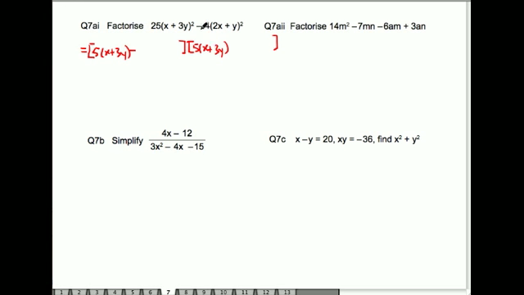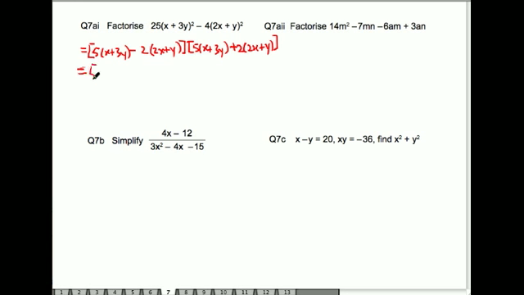X plus 3y times x plus 3y is x plus 3y squared. To get a minus, we have minus times plus. To get a 4 is 2 times 2. And to get a square here, we have 2x plus y times 2x plus y. This comes from the formula a squared minus b squared is a minus b, a plus b.